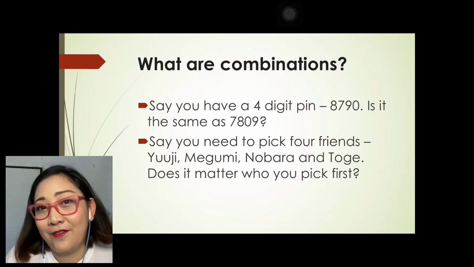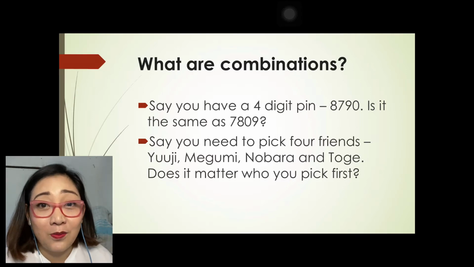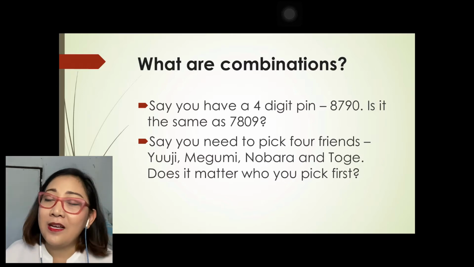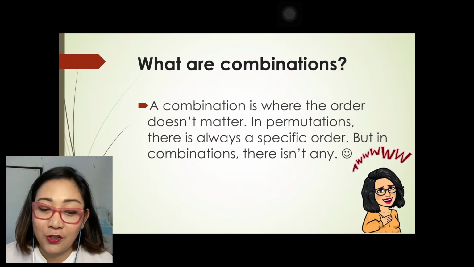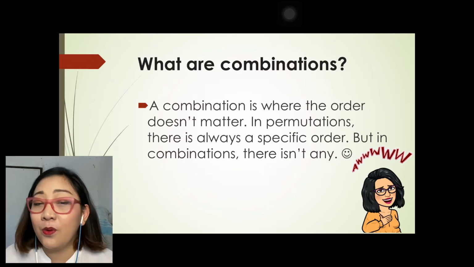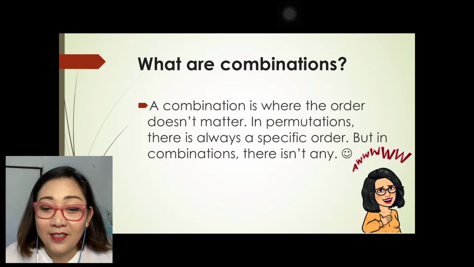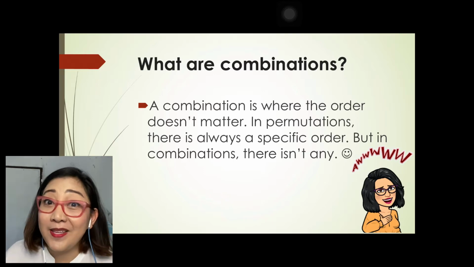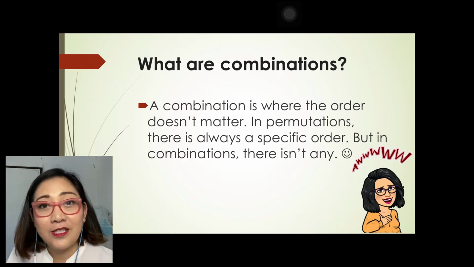There's no specific order in picking these objects or these people. So, by this time, dapat nagigets nyo yung difference ng dalawang situation na to. Now, yun po ang pagkakaiba ng combination sa permutation. A combination is where the order doesn't matter. So, in permutations, there's always a specific order, like the PIN, but in combinations, there isn't.